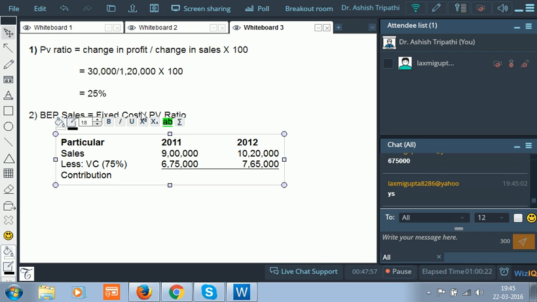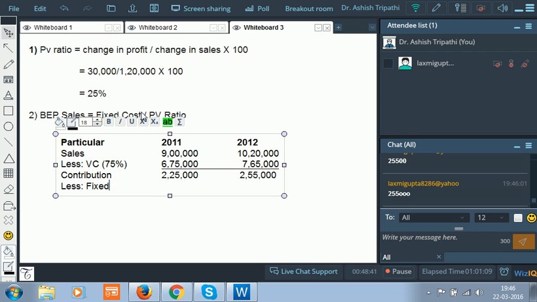So contribution for the first year is 9 lakh minus 6,75,000, which comes to 2,25,000, and for the second year, 10,20,000 minus 7,65,000 comes to 2,55,000. Excellent. Yes, 2,55,000.